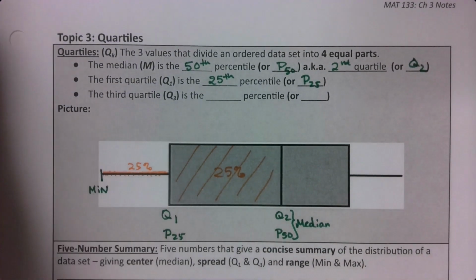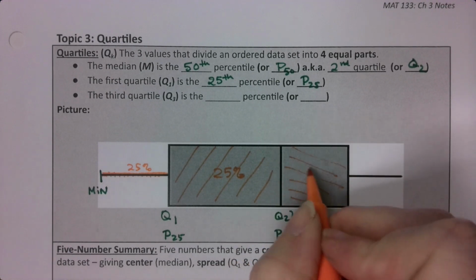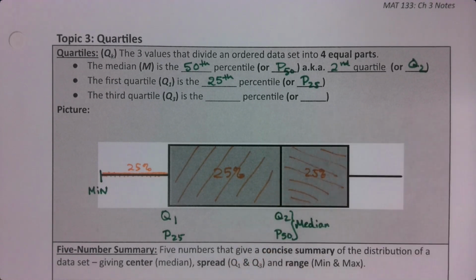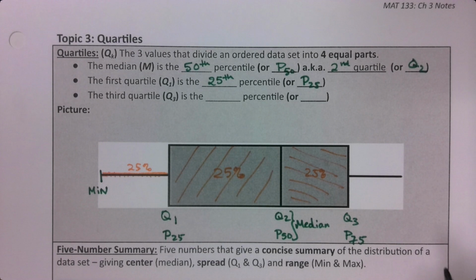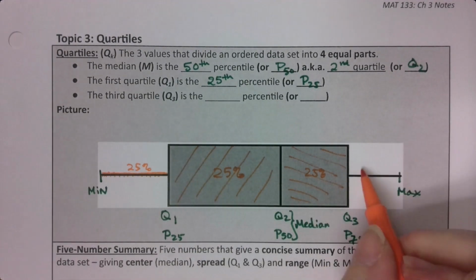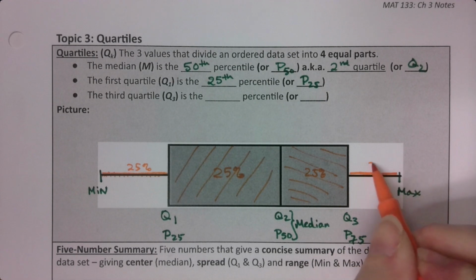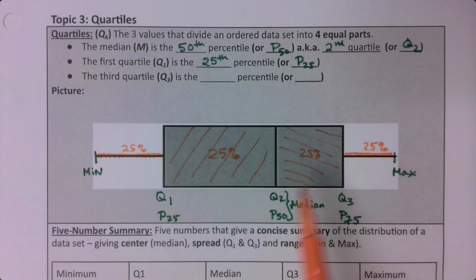All right, then the last one. Well, there's another 25% right here. And that means that this must be Q3, which is the 75th percentile. And then over here is the max. And again, there's another 25% right here. It's not that they're equally spaced in terms of what the numbers are.